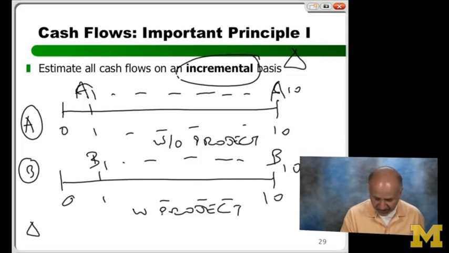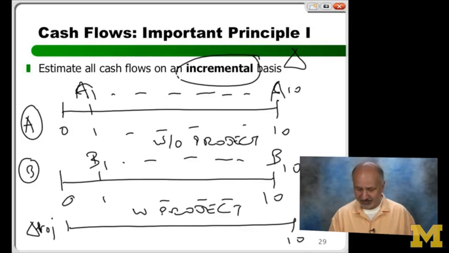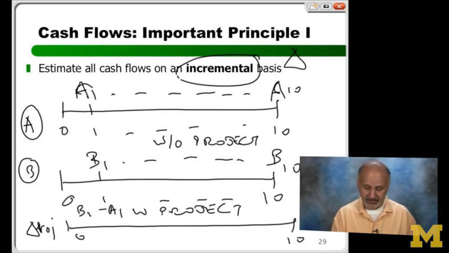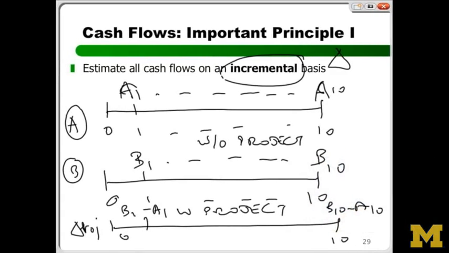So what does delta project mean? Just think about it. B1 minus A1, B10 minus A10. So the value you're creating is not B1, not B10. It's how much B1 through B10 is over and above A1 through A10.